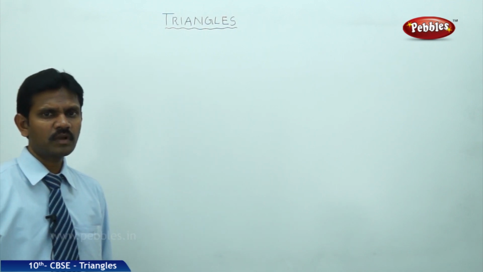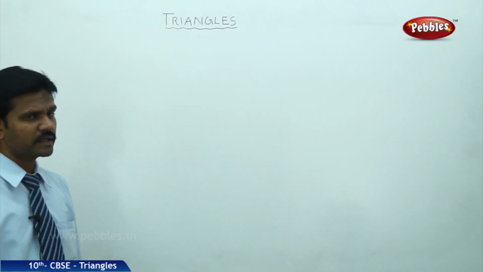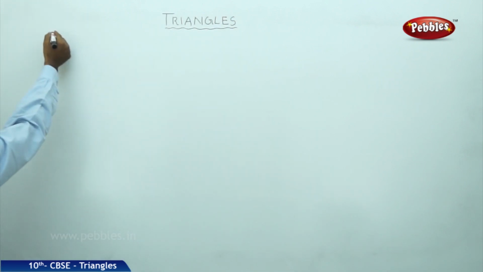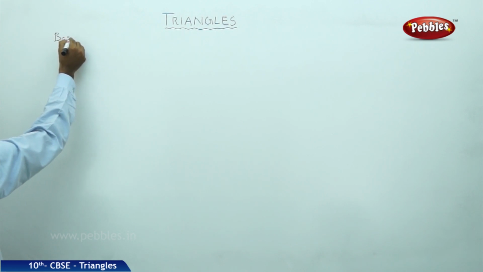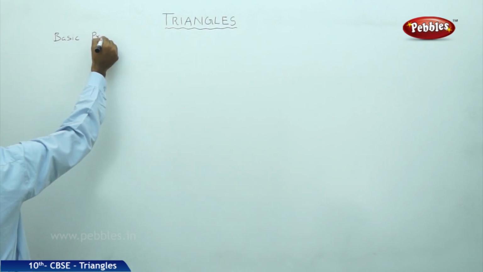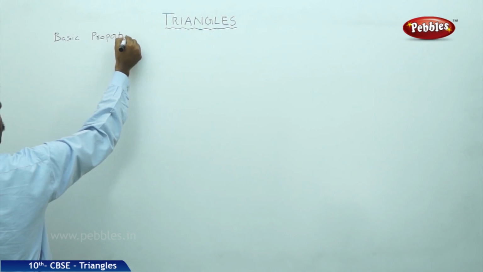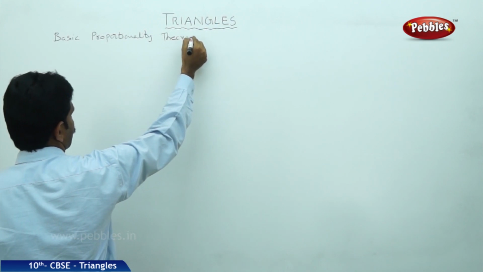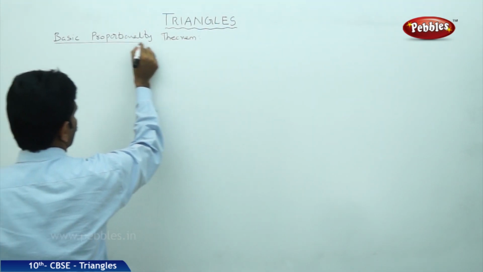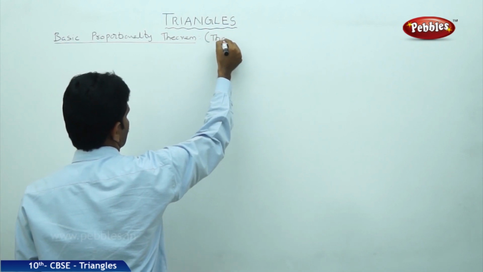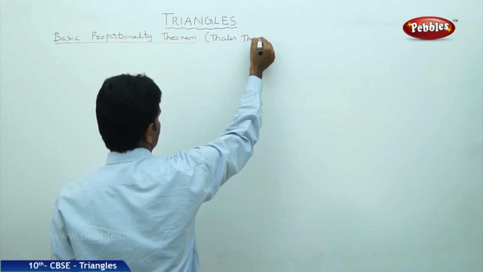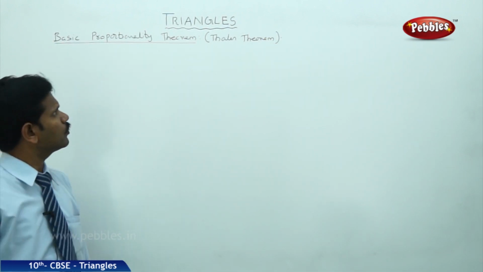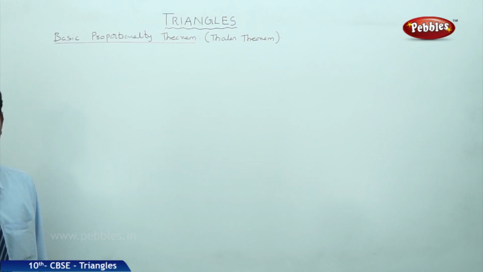Let us see, one of the important theorems of triangles is the basic proportionality theorem, which is also known as Thales theorem. Now, what is the basic proportionality theorem statement?